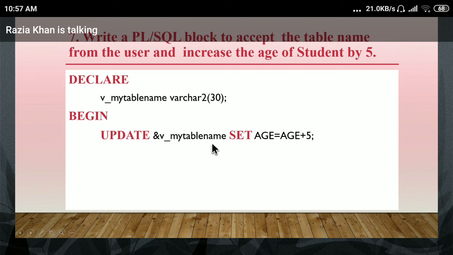If you want to write the name directly, you can write update, then student table, then set keyword, then column name, the same as your column name. Equal to, again column name, and if you want to add some value, then column name plus that value. Is the query clear, everyone?